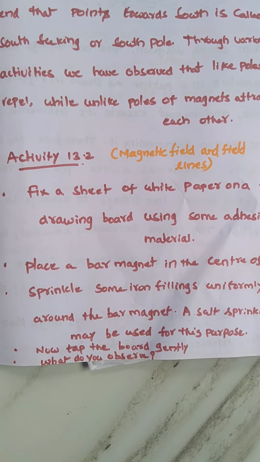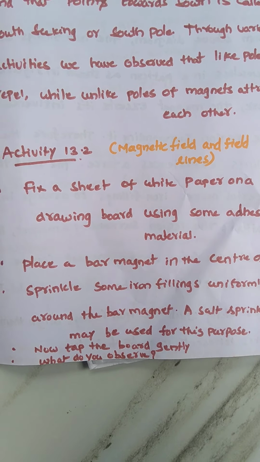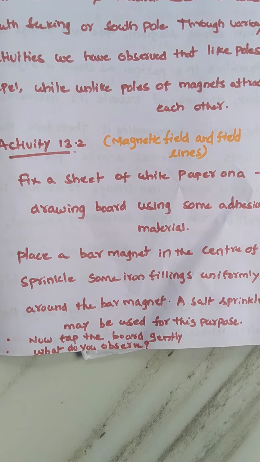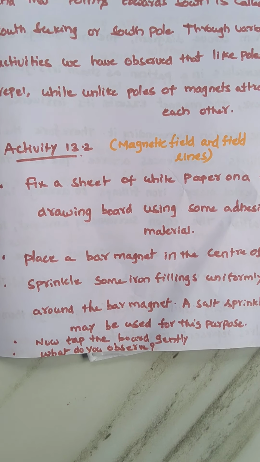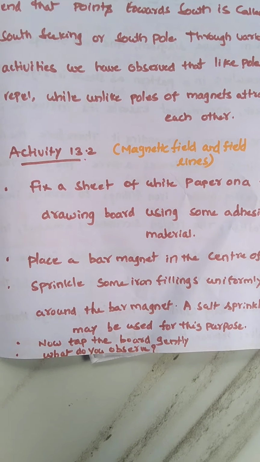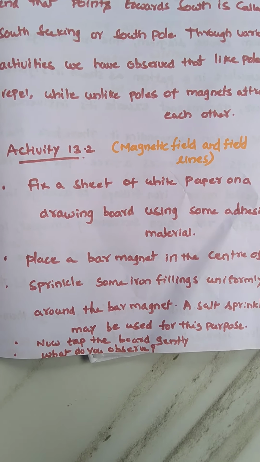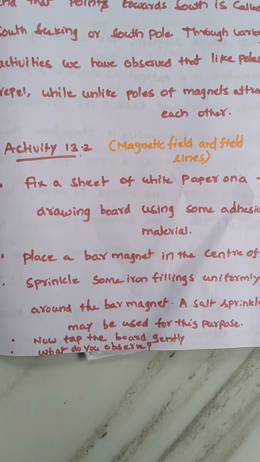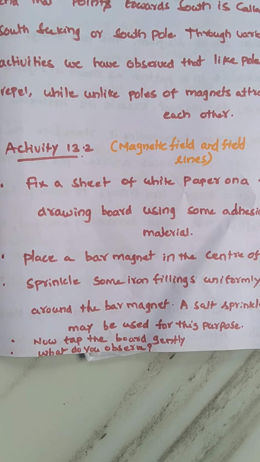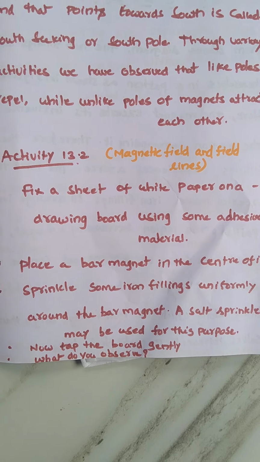Any particle that experiences a force without any direct interaction means some field is created. Depending upon the concept, for example electric charges, we call it an electric field. Depending upon the magnetic effect, we call it a magnetic field.